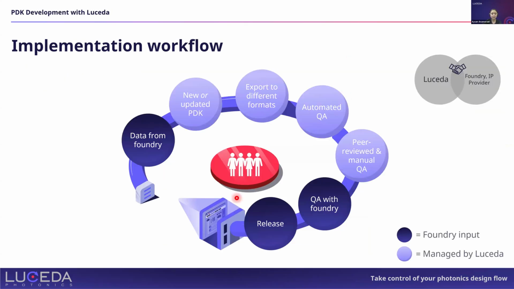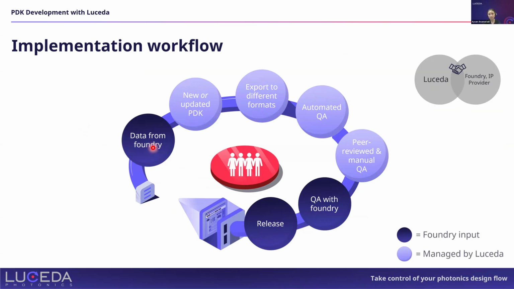So then once again, I will go through the process of generating the implementation of Luceda PDK for foundries. So the data can come into Luceda, and it can also be already a PDK.